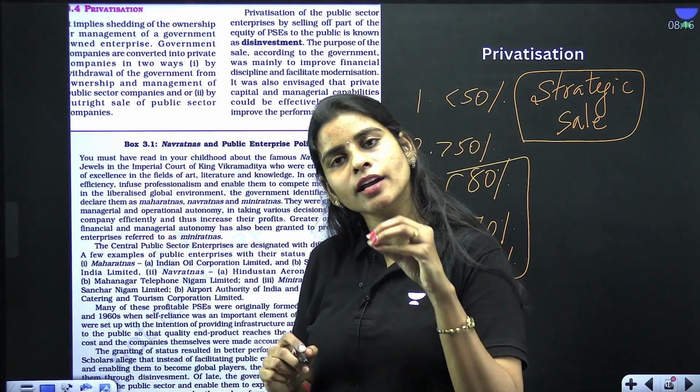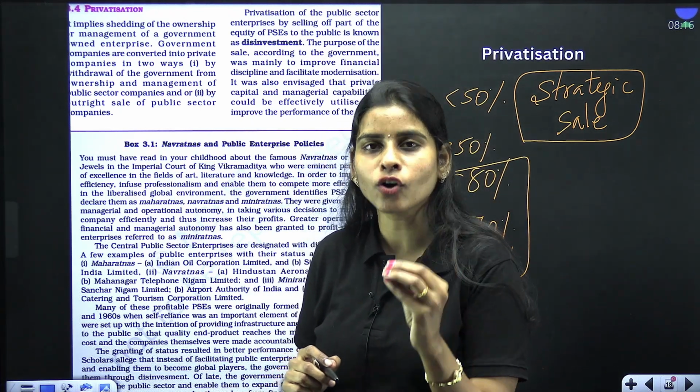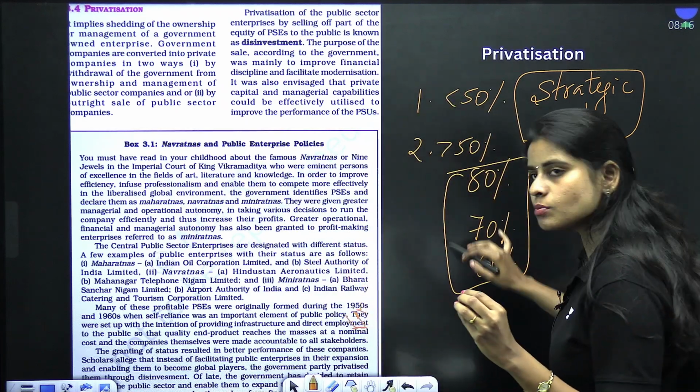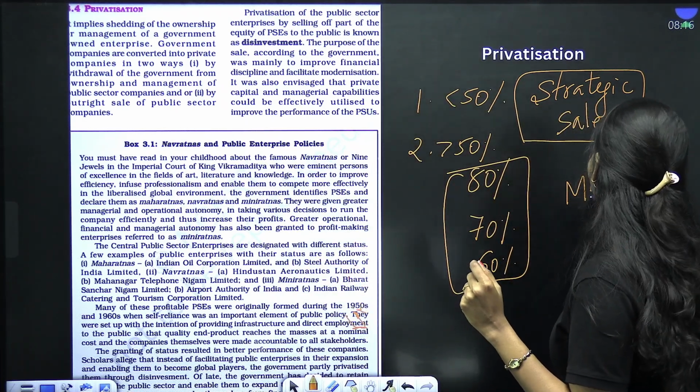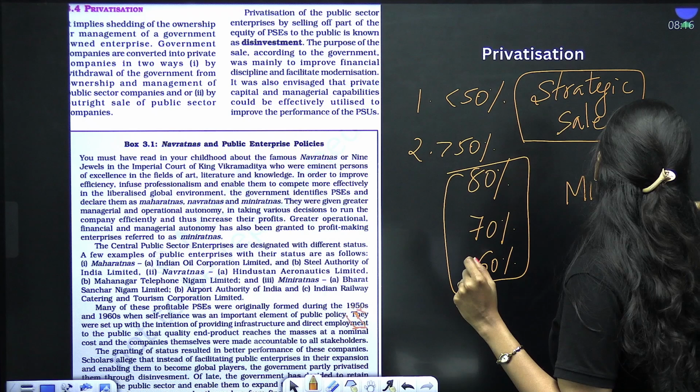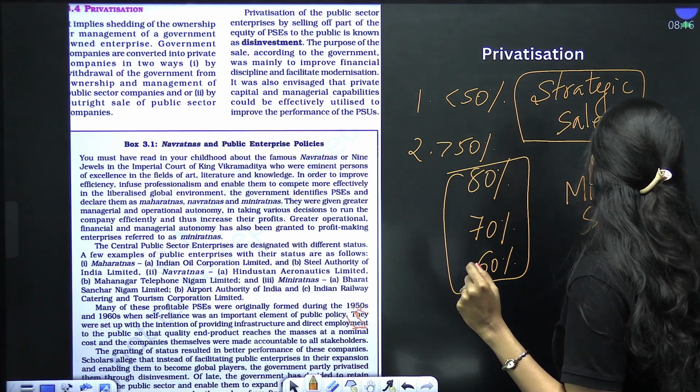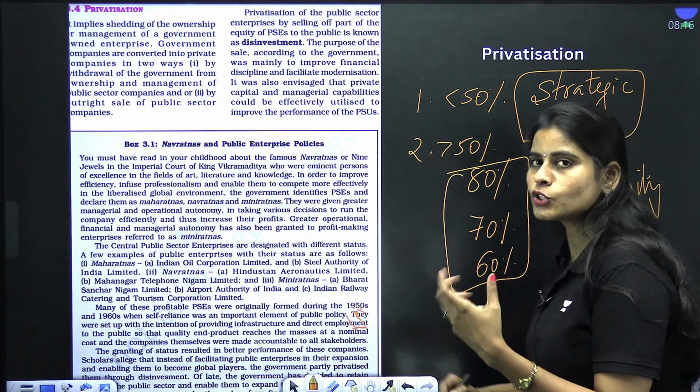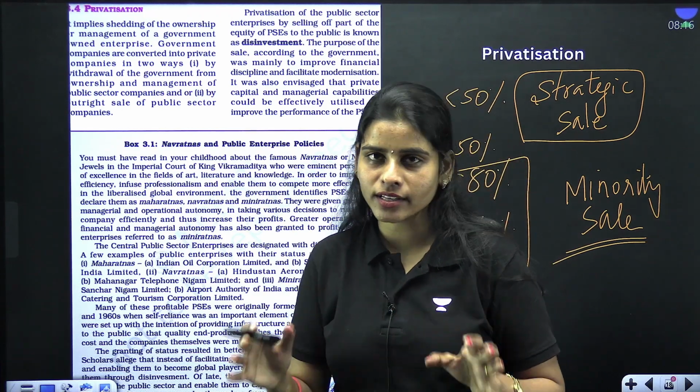So this disinvestment is called a minority sale. Clear? So these are the two mechanisms with which we can go for disinvestment.